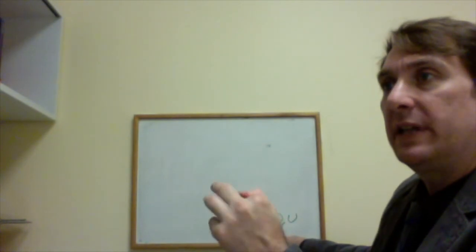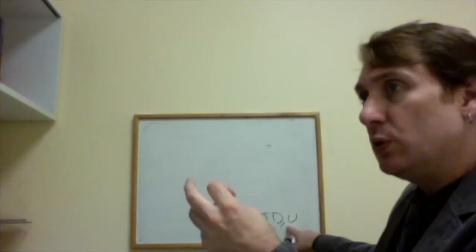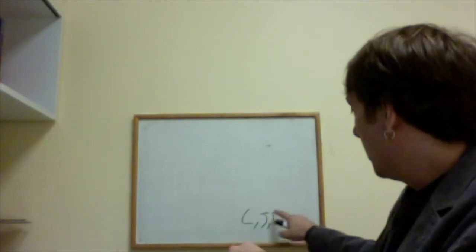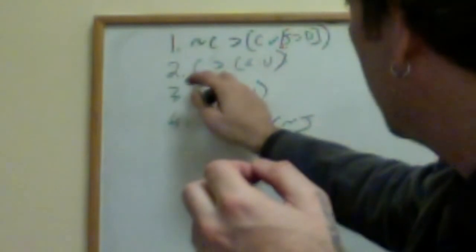If the death penalty is cruel and unusual punishment, then it is both cruel and unusual, and its use degrades society as a whole. So now we have our C, J, D, and U, so let's go through and translate these sentences. So let's go ahead and work our way through this and see what we can do here.